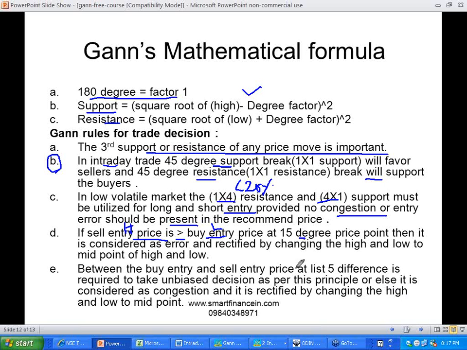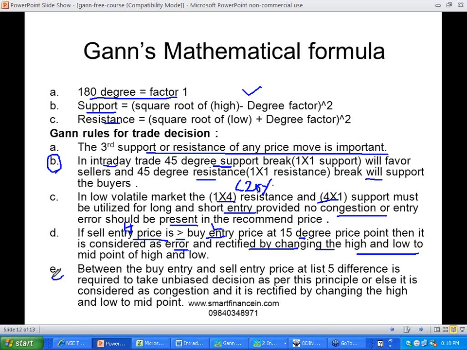This is considered an error and it must be rectified. If such an error is present, then you have to rectify it by changing the high and low to their midpoint, if this error persists.